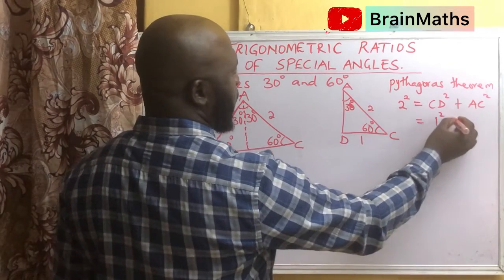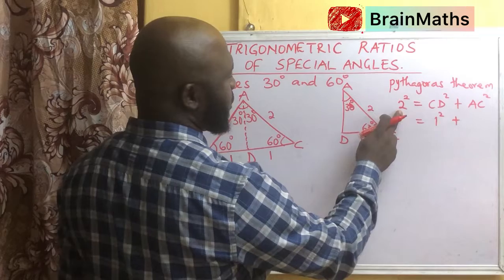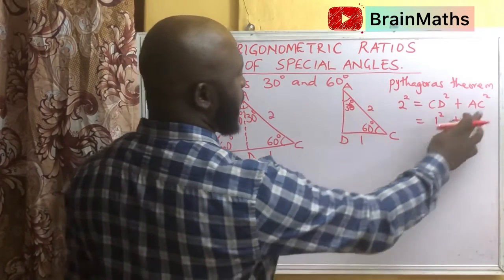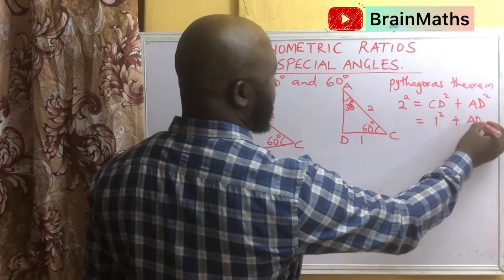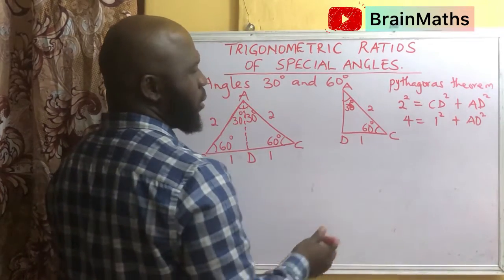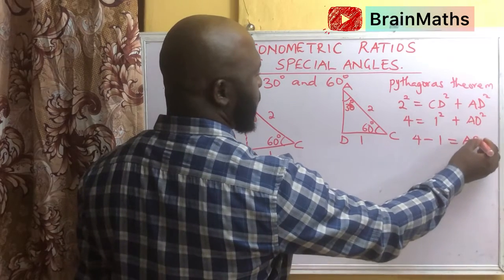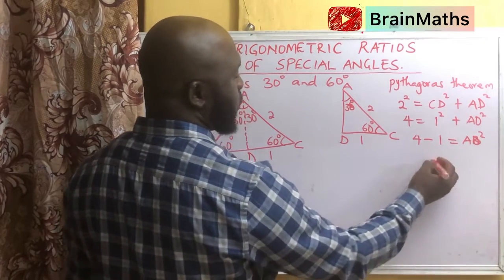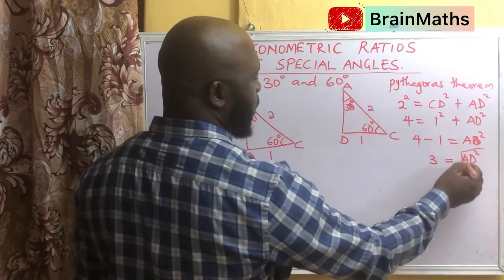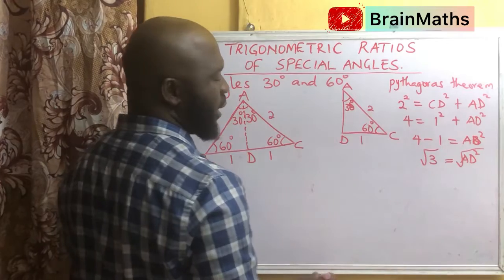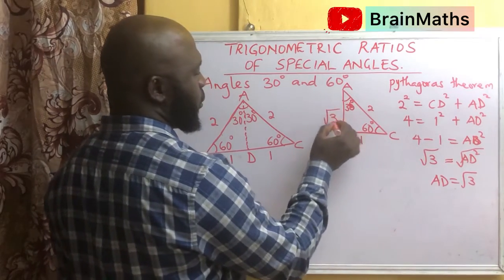Our CD is 1 squared, and our AD is the unknown, so we repeat it as AD squared. So this one is going to be 4. 1 squared is 1. So when you collect like terms, you have 4 minus 1 equals AD squared. So 4 minus 1 is 3, and our AD squared is left. So what we need to do here is to find the square root of both sides to determine the value of our AD. So our AD now will be equal to root 3. So this side is root 3.